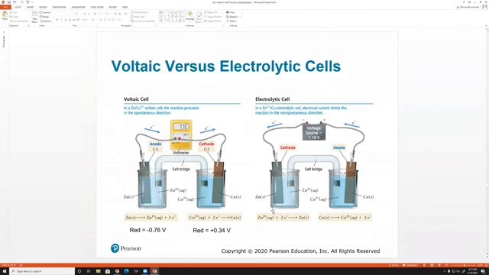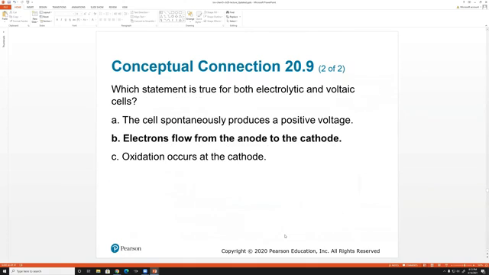And the cathode is now what's being reduced. You can see that zinc, which doesn't like to be reduced, and copper, which doesn't like to be oxidized when it's with zinc, is being oxidized on the other side. So that's the difference between them. One's spontaneous and one's not.